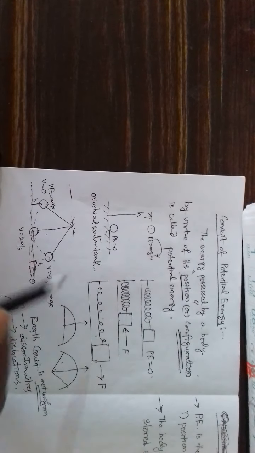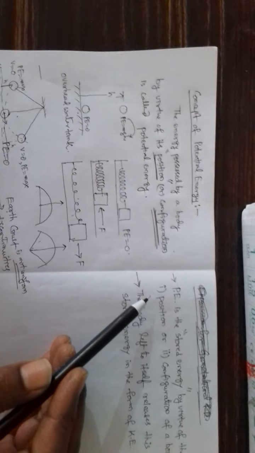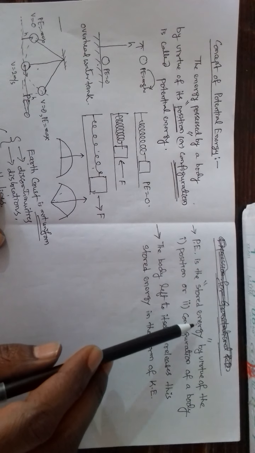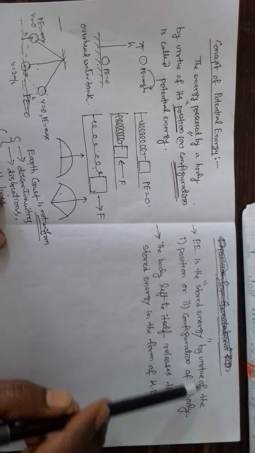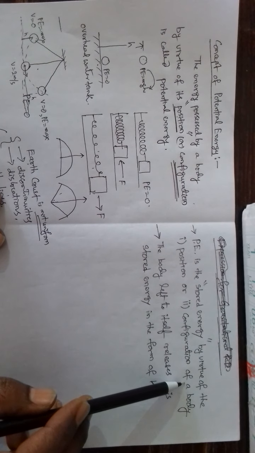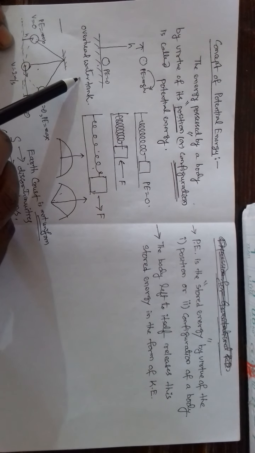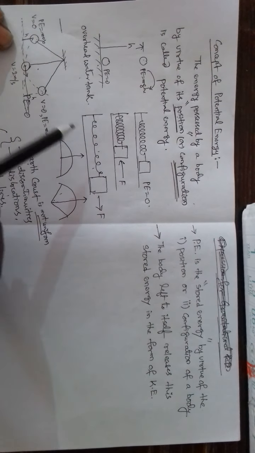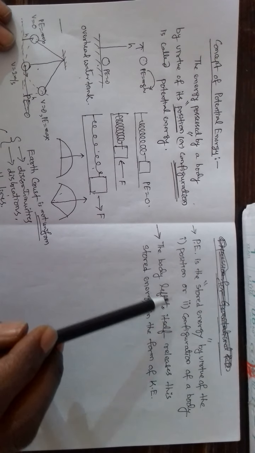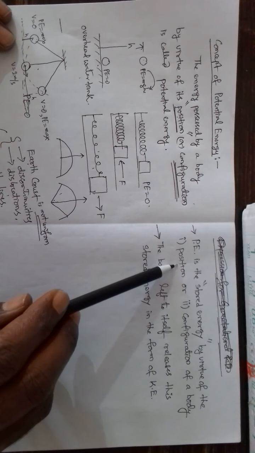Let us see the first example here. Potential energy is the stored energy by virtue of the position or configuration of a body. See here, you are storing water in an overhead water tank. There, the energy is stored by virtue of its position.